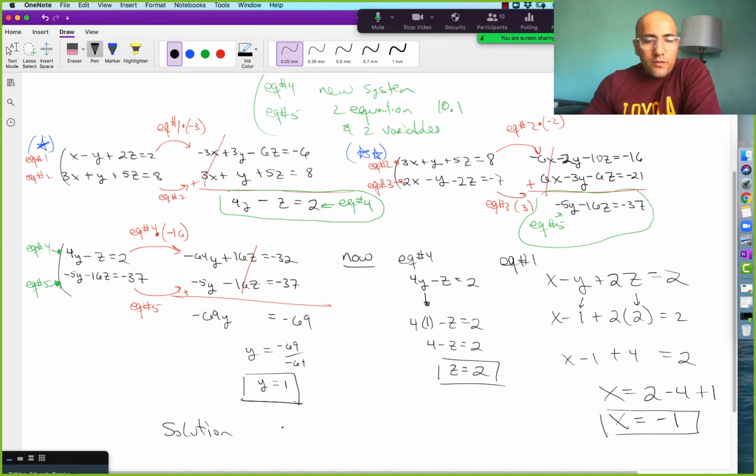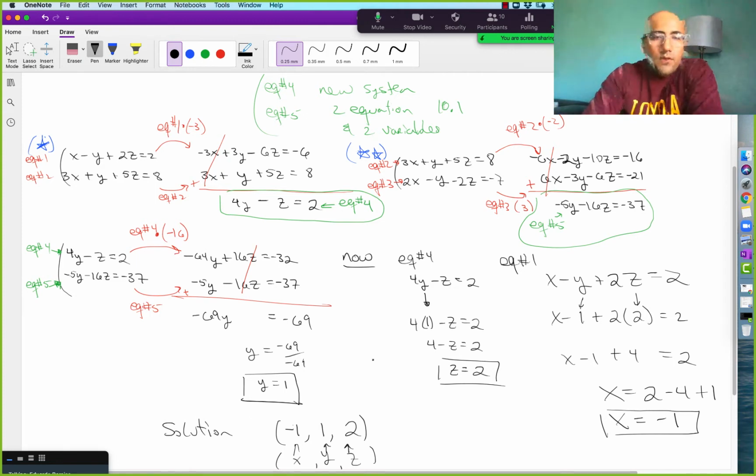The solution is the combination of these three, which we normally write in the order in the triple pair -1, comma 1, comma 2, where this is in the form of x, y, and z. Good. Any questions so far?